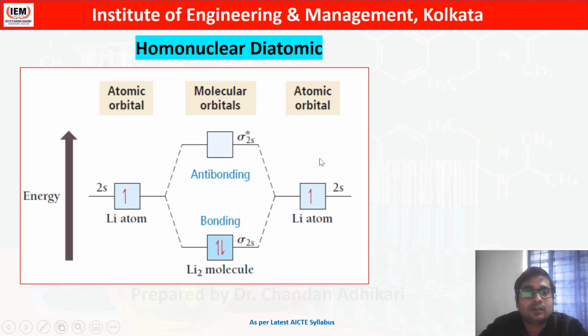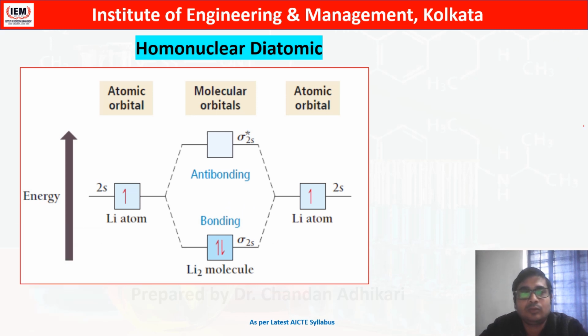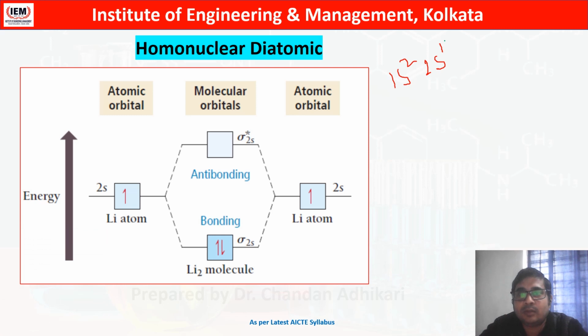So first let us start with Li2. In the case of lithium, the electronic configuration is 1s2, 2s1. As you can see, the 2s1 atomic orbital is going to participate in bonding, that means this one.